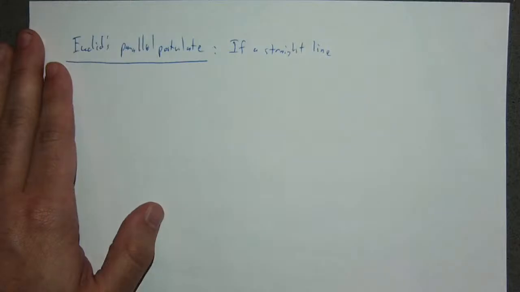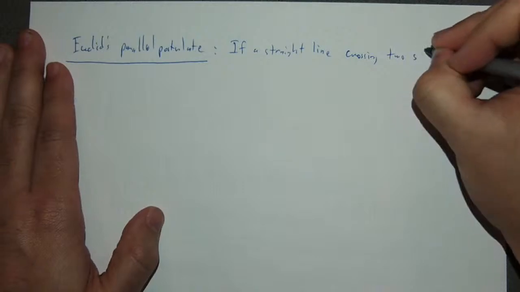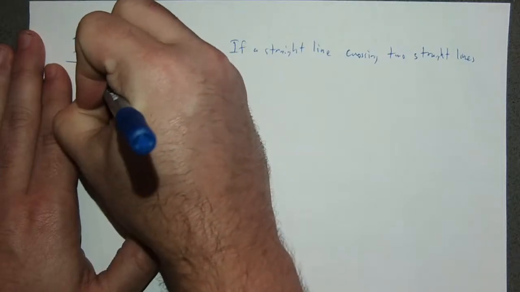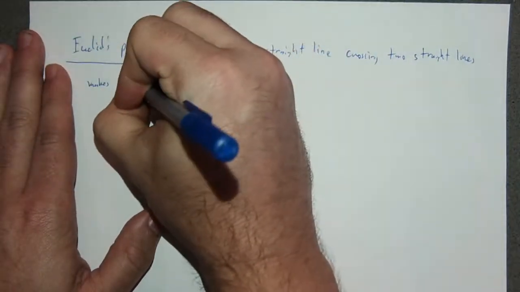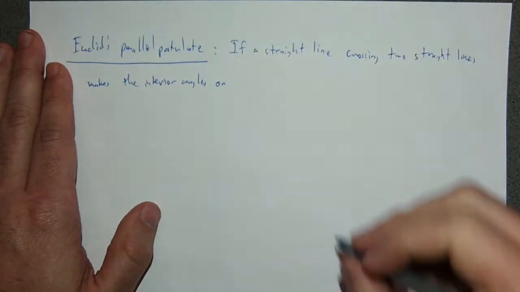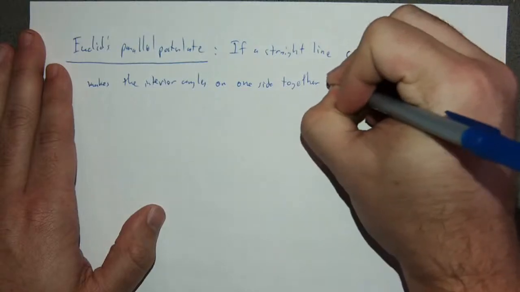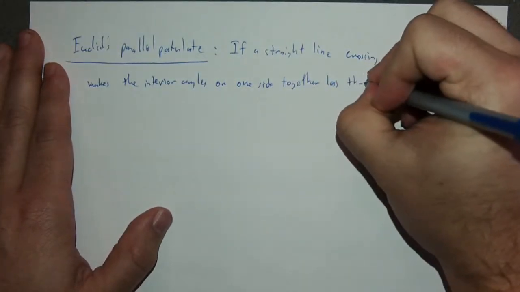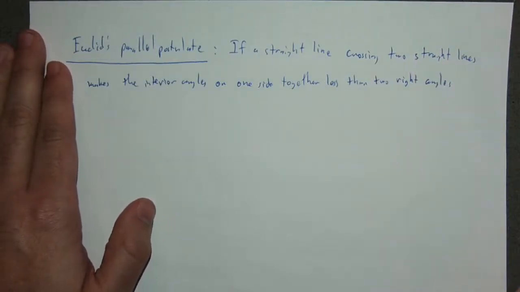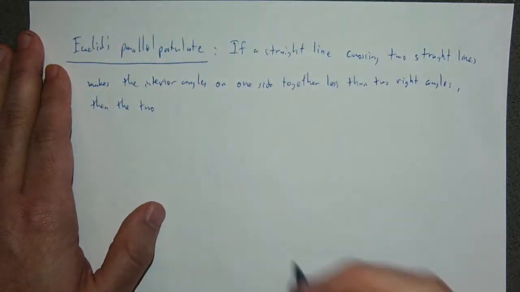If a straight line crossing two straight lines makes the interior angles on one side together less than two right angles, then the two straight lines will meet on that side.